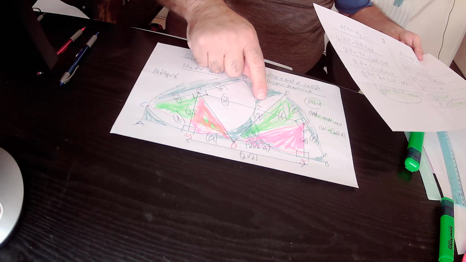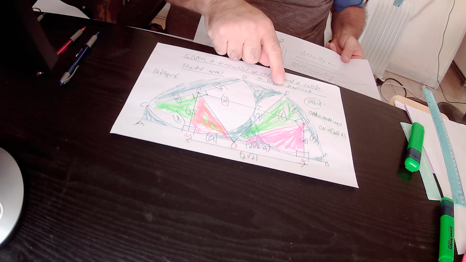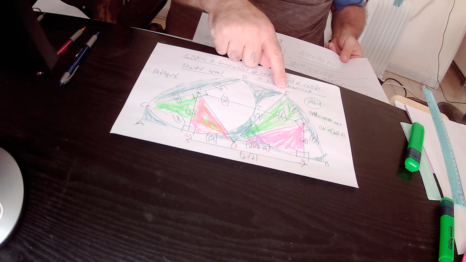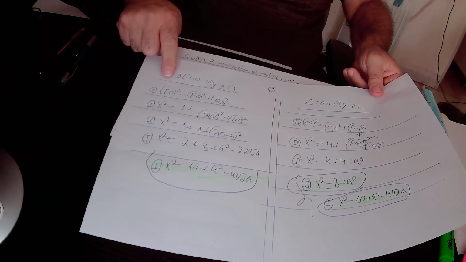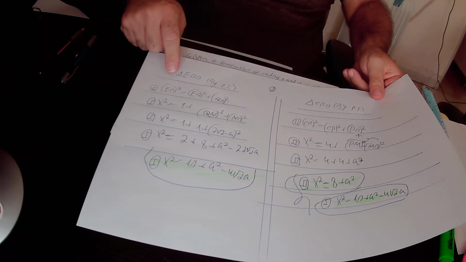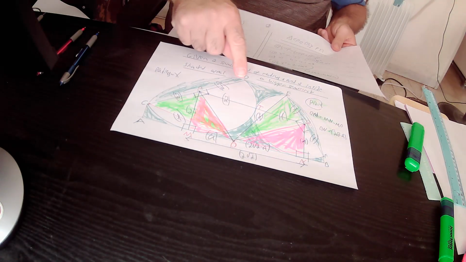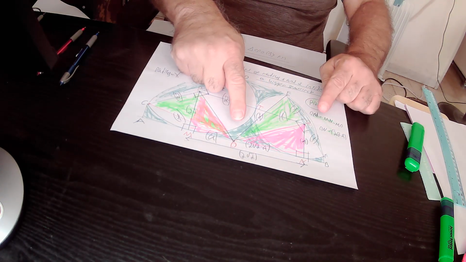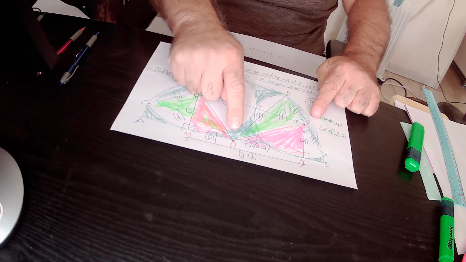OE is X, therefore OE squared is X squared, and it equals EQ squared. EQ is 1, therefore EQ squared is 1 squared, that is 1. So X squared equals 1, and we have also plus QO squared, because EO squared equals EQ squared plus QO squared.